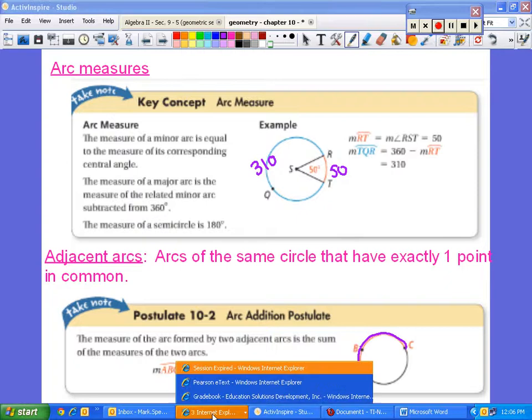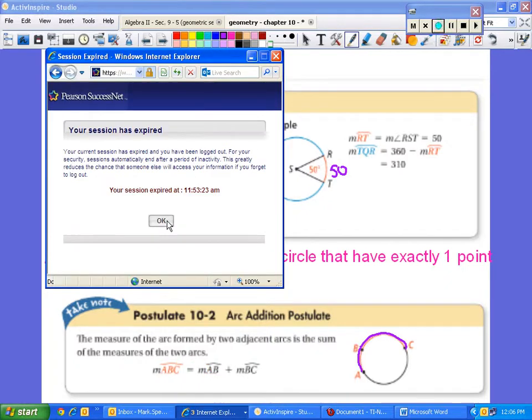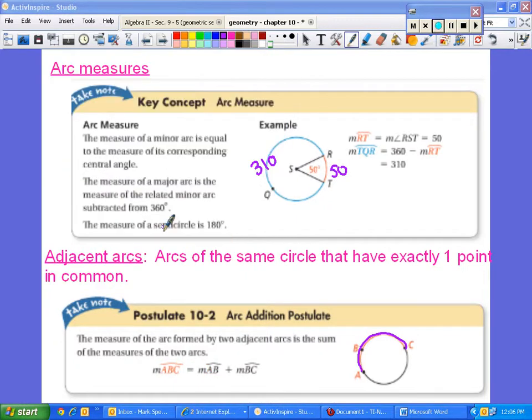If I have two things next to each other and I add them up, it equals the sum. Oh, arcs. Okay. And adjacent just means two arcs next to each other. They share one point. No, full circle. All right.